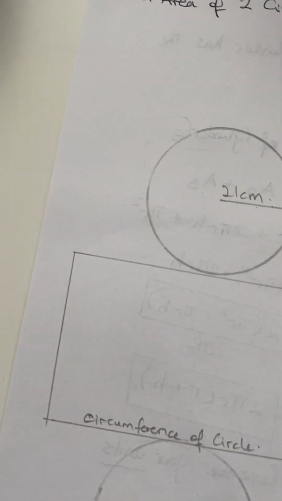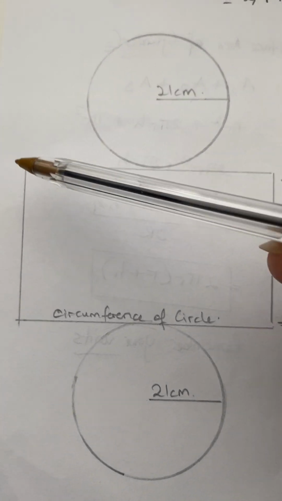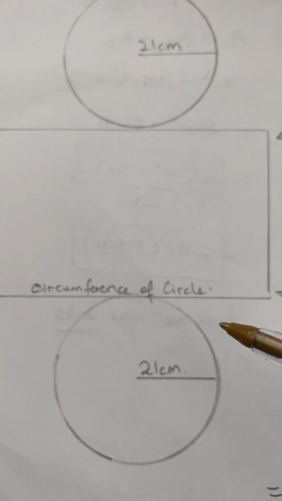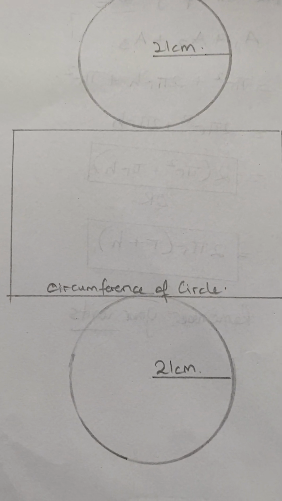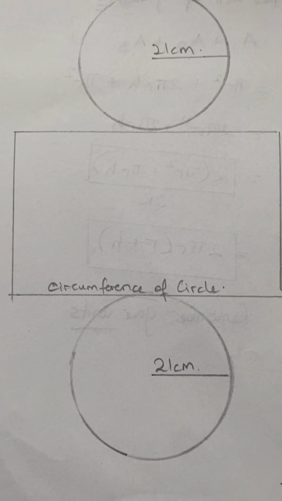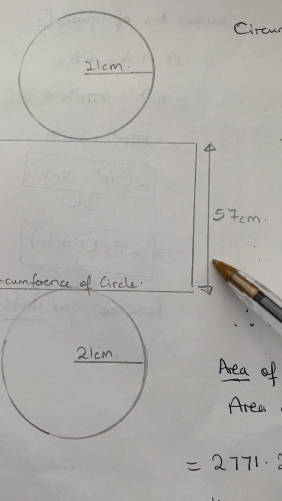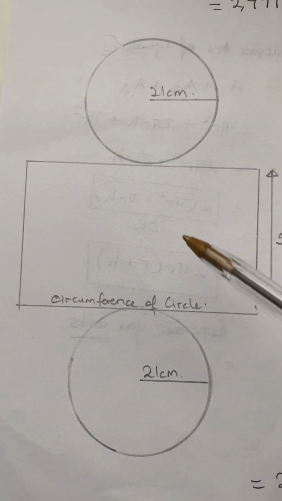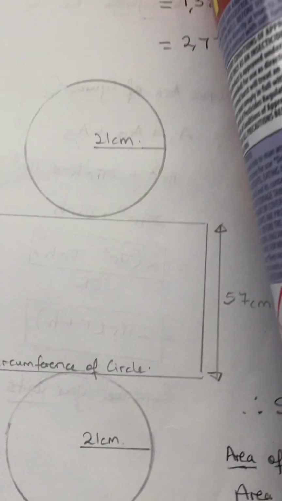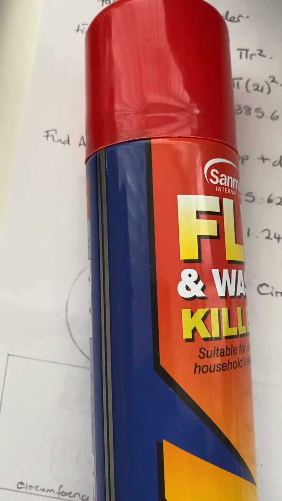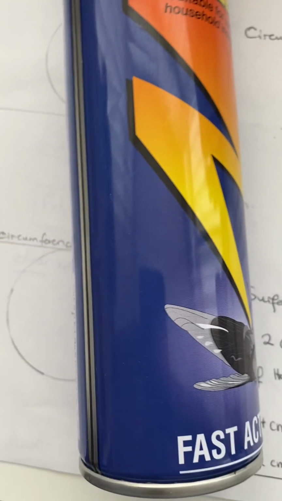This side of my rectangle is the same as the circumference of the circle, so I need to find the circumference and multiply by this, to find this surface area all the way down.